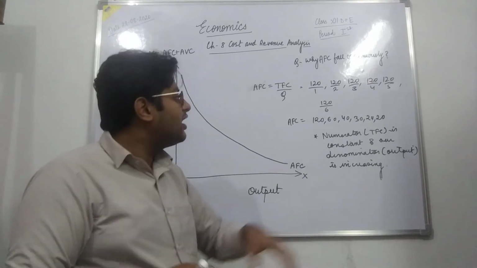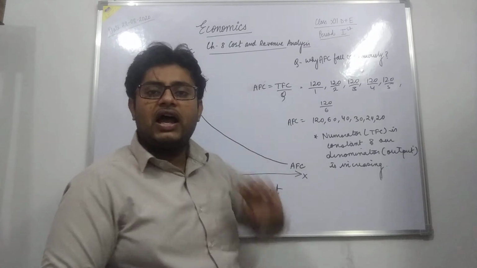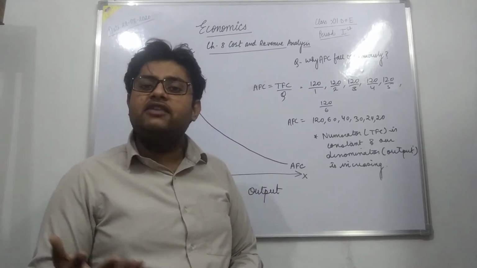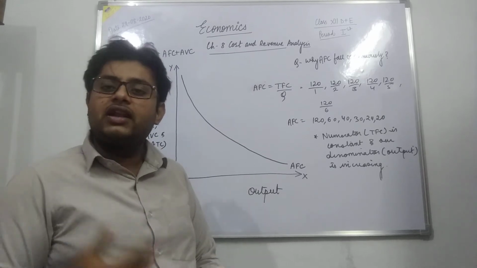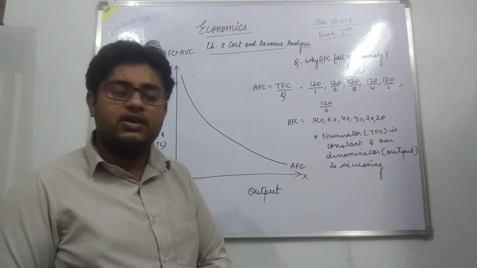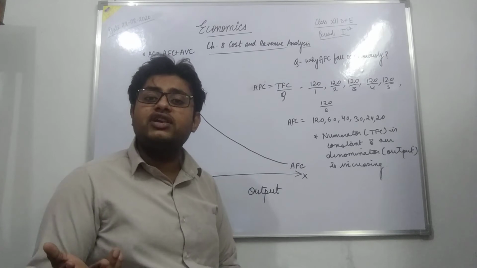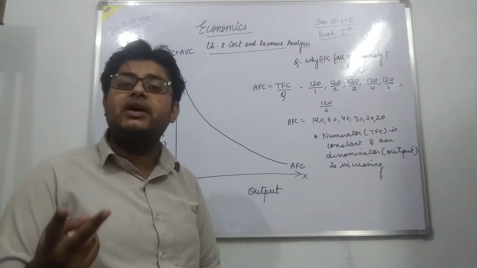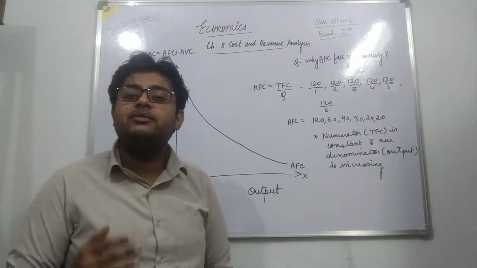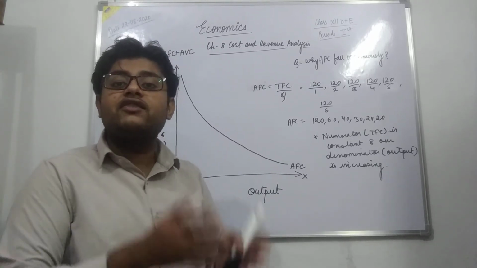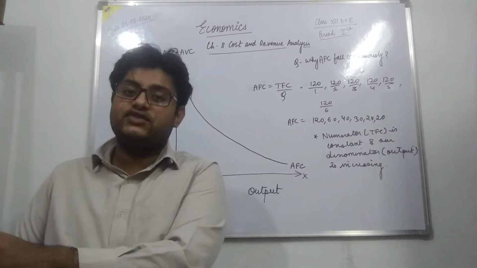Alright, if I say that I have 100 chocolates, and I have to divide those 100 chocolates with one person, then I'll give 100 chocolates to that person. Then if I have to divide them with 2 persons, I have to give 50 chocolates. Again, if I divide with 4 people, I have to give 25 chocolates.